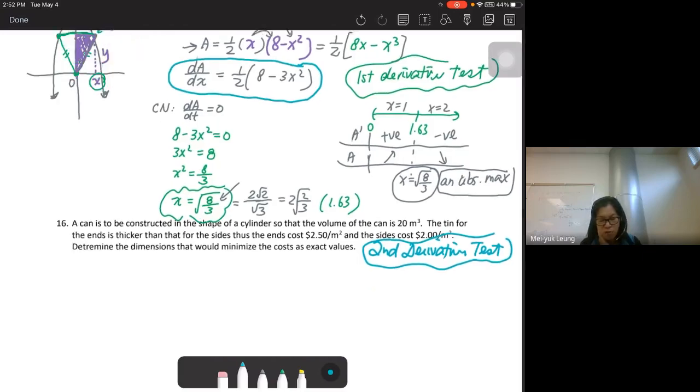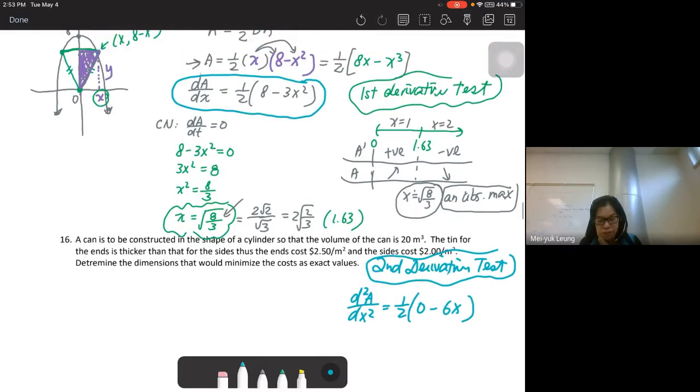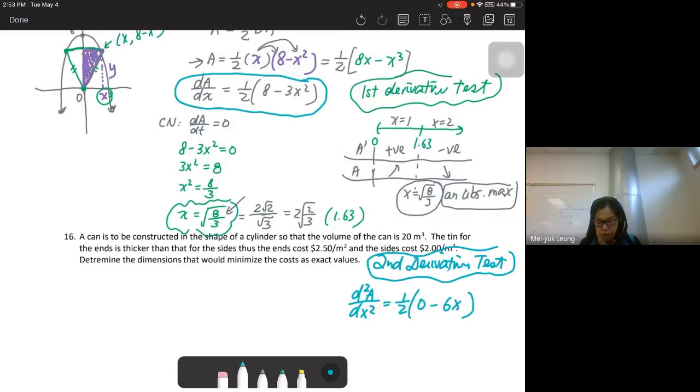It's not very difficult if I need to find the second derivative. All right, so just think about the first term would be 0 and then minus 6x when you take the second derivative. Okay, so the first term would be 0 and then you have negative 3x, oh, sorry, divided by 2. Yep. So that would be this.